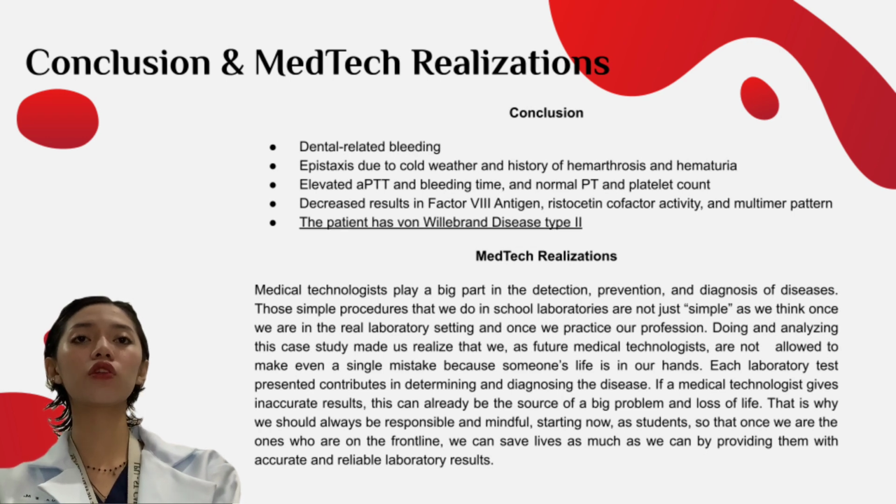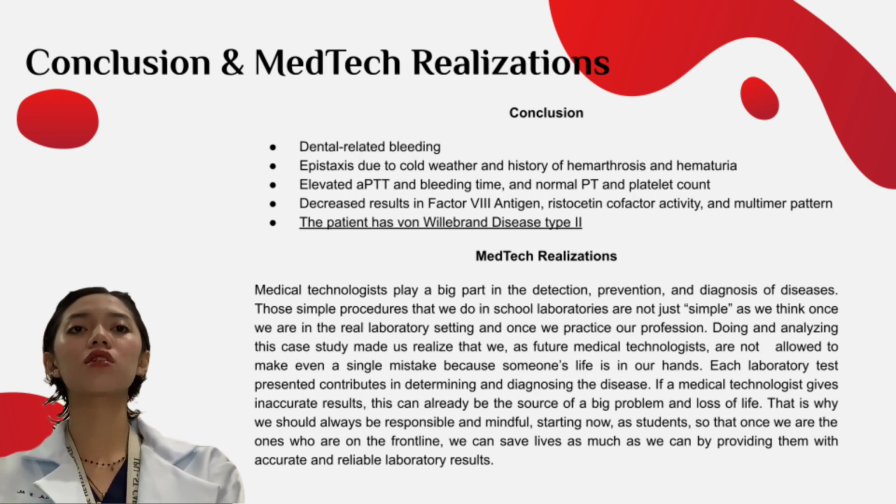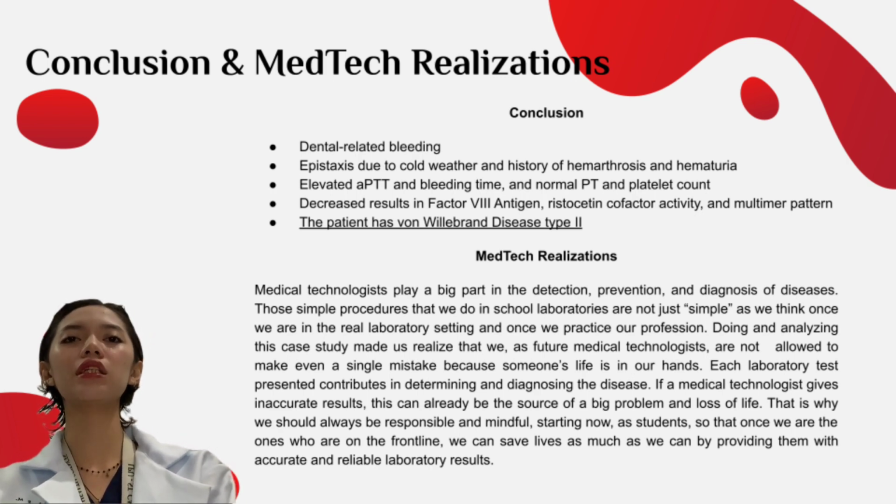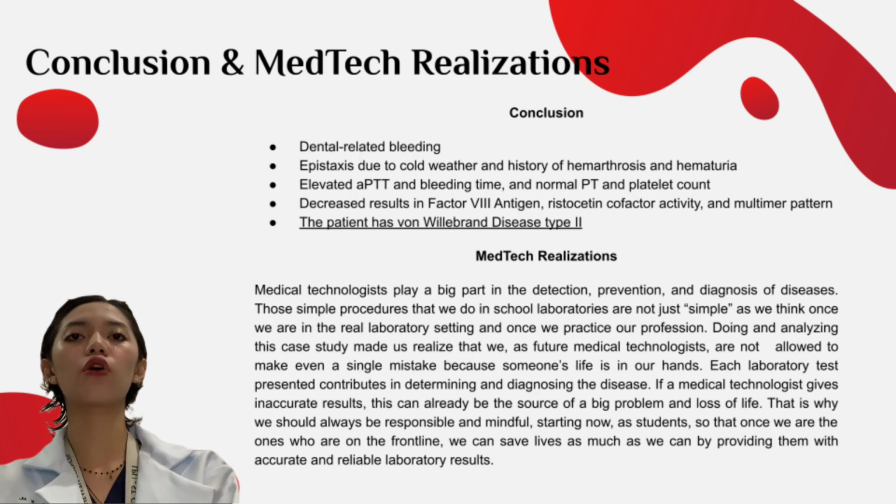To sum up, the signs and conditions of the patient, such as dental-related bleeding, epistaxis, which she thought was only due to cold weather, easy bruising, heavy menstrual bleeding since menarche, and a history of hemarthrosis and hematuria when she was still young, along with the laboratory results of elevated APTT and bleeding time and normal PT and platelet count, help to deduce a bleeding disorder and the possibility of hemophilia or von Willebrand disease.